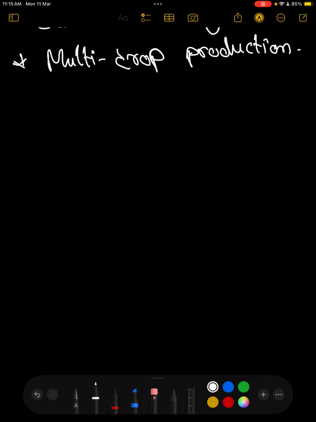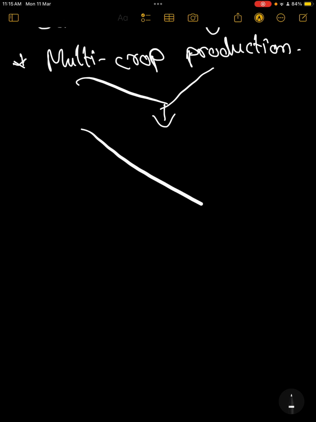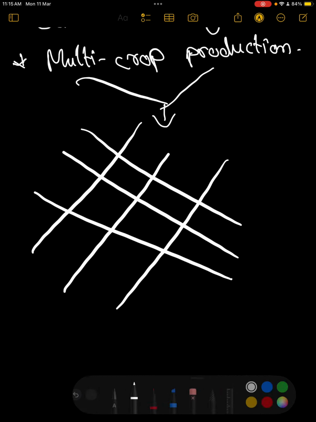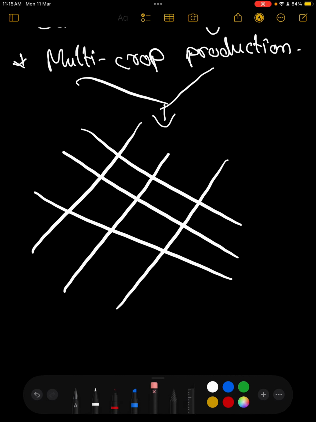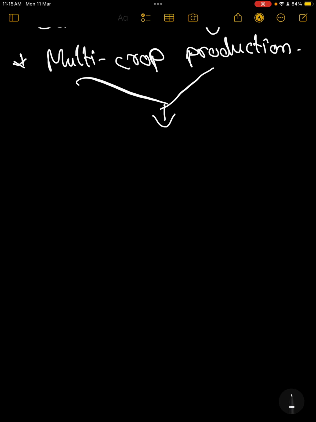So what is multi-crop production? Wait a second, the sea looks a bit ugly. So multi-crop production is like this, X. They had crops here, two sets of furrows. I really don't know how to explain it, it's very complicated. But yeah, their field had two sets of furrows at right angles to each other. It suggests that two different crops were grown together at the same time.